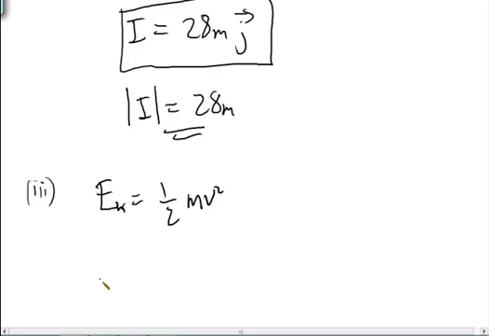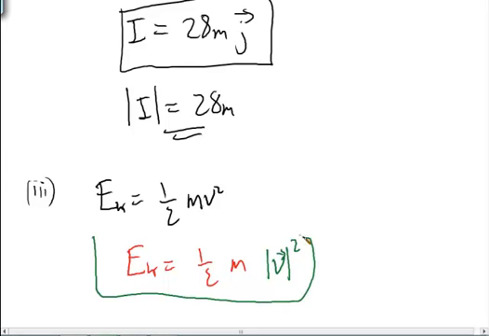So the kinetic energy before the collision and the kinetic energy after the collision, and you subtract them. Now the important thing here, this should possibly be written with the magnitude of v squared, because energy is not a vector quantity like all the others. Energy doesn't have a direction associated with it.